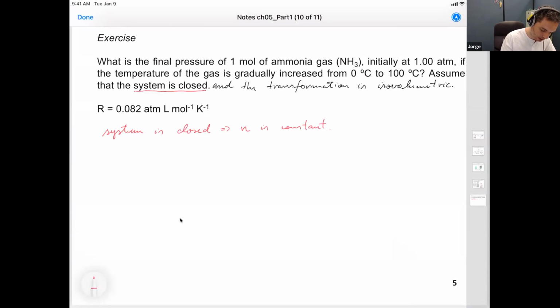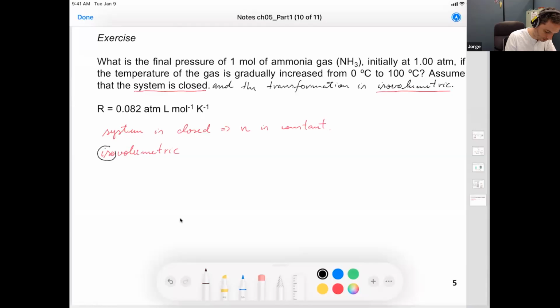The second thing that the problem told us is that this transformation is isovolumetric. So let's write that here. Isovolumetric.